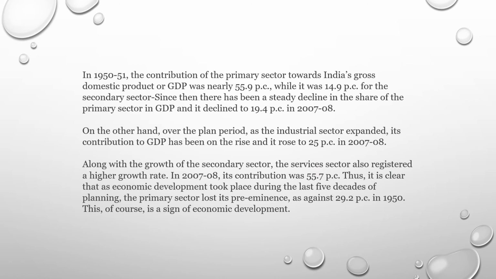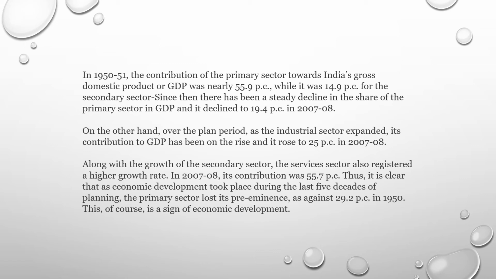Now I am explaining the previous table and the diagram. In the diagram and the table, we have seen in 1950-51 the contribution of primary sector, that means agricultural sector, towards India's gross domestic product or GDP was nearly 55.9%.